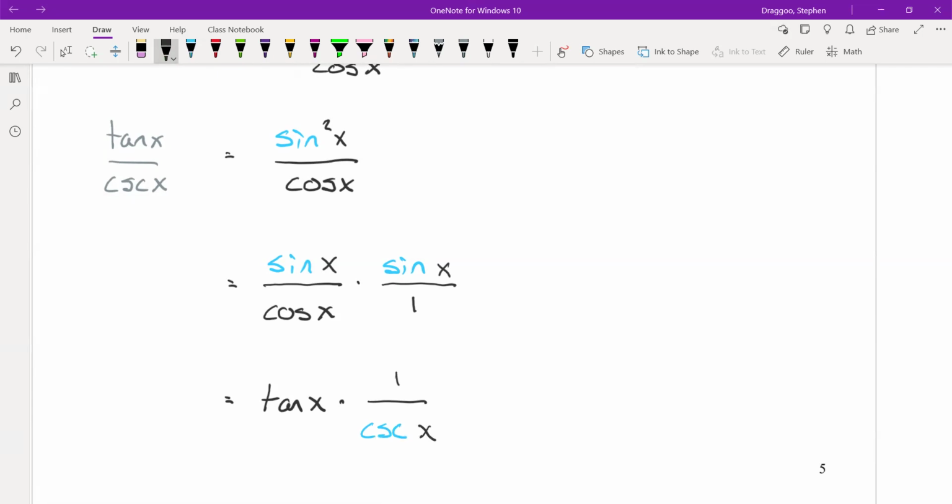And at that point, I've shown all the steps that make that identity correct. So you should probably expect a trig identity on the exam, but I wouldn't expect it to be that hard. A little easier than this one.